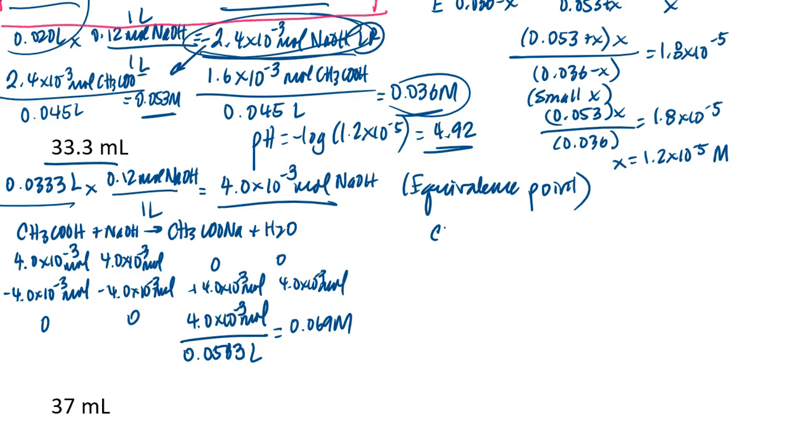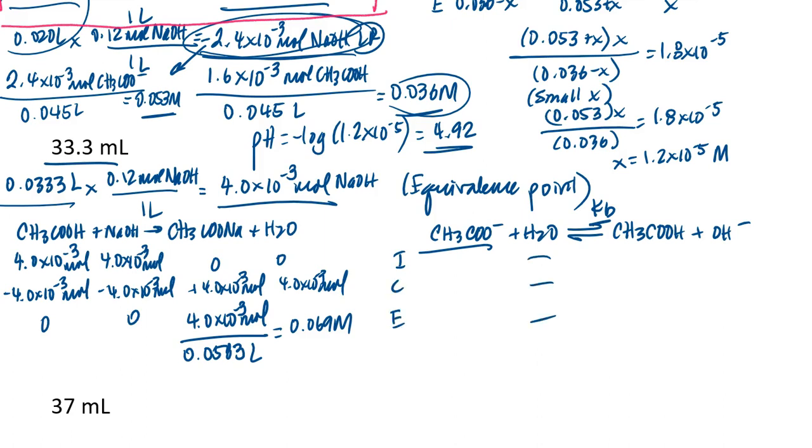So if all I have present is the acetate ion, now I have to consider the behavior of the acetate ion in solution. And acetate is the conjugate base of acetic acid, so I should be looking at its base behavior. And so I'm going to consider this equilibrium expression where now I need the Kb of the acetate ion. I'm going to drop in my initial concentrations.